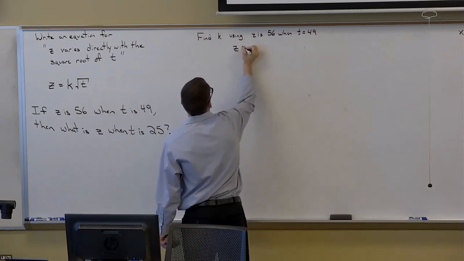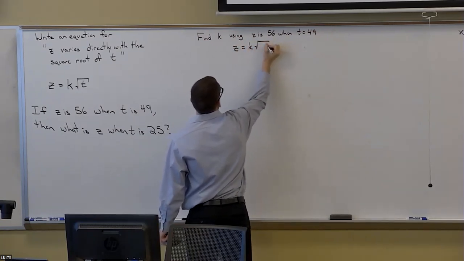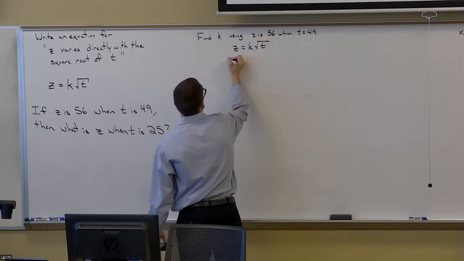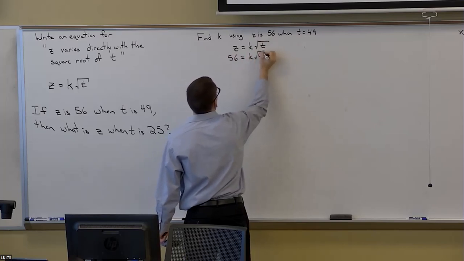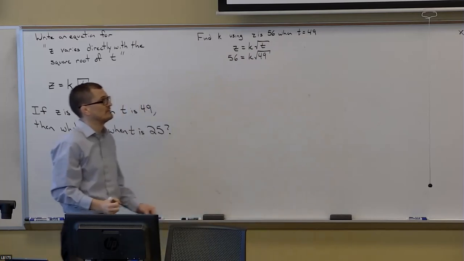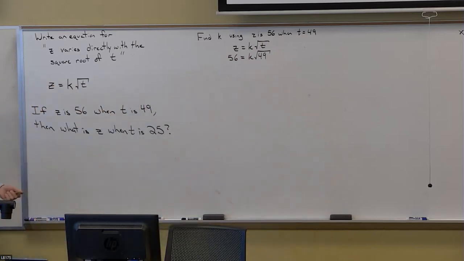So I say z equals k square root of t when t is 49. Z is 56. So I just plug those in.